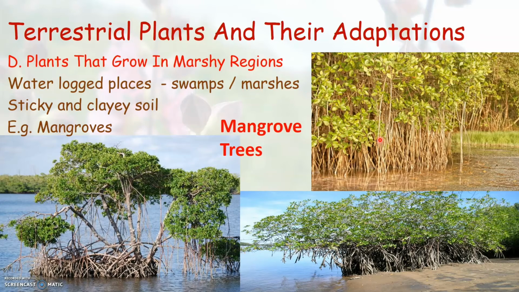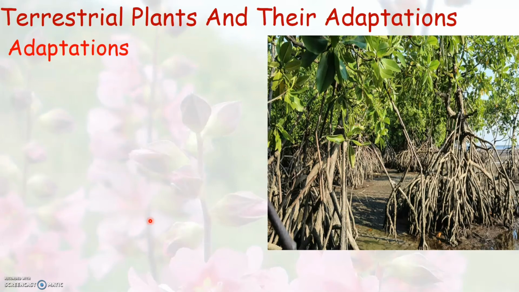Now let us see the adaptations of these plants that grow in the marshy regions. We have already learned that marshy regions have a very sticky and a clayey soil. Therefore, if the roots of these plants grow under the soil, they do not get enough air.